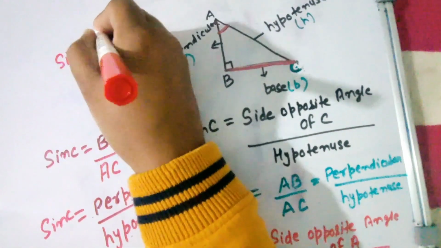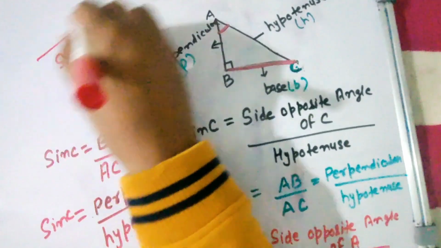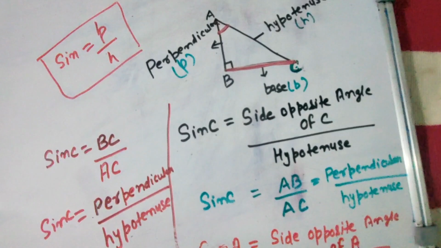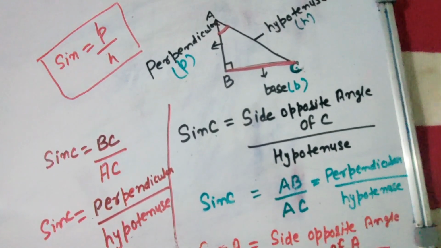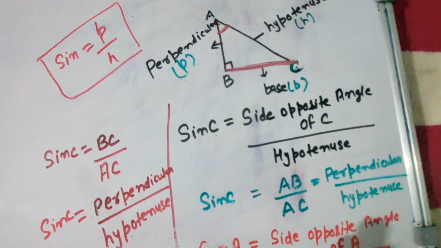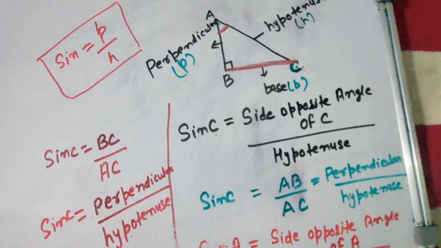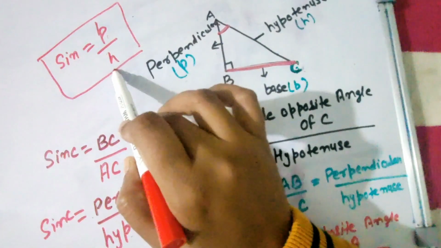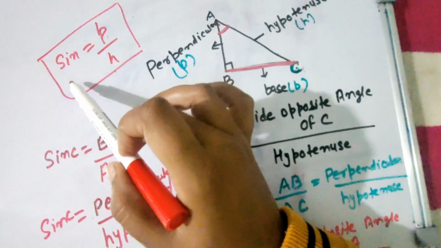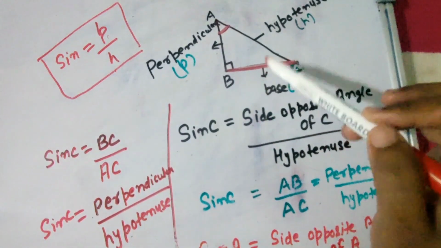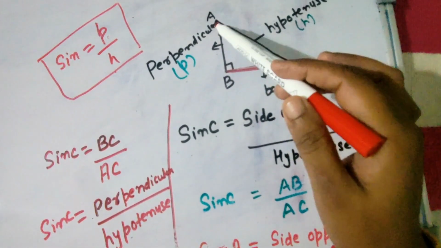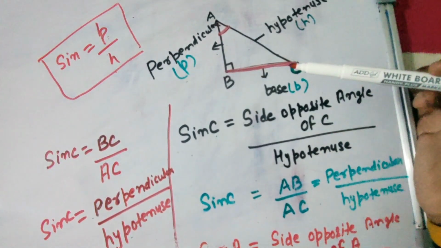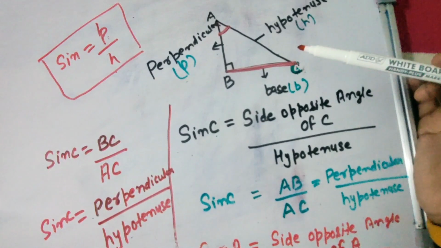If the angle changes, then perpendicular changes, and hypotenuse never changes. When you find it, hypotenuse is fixed. But if you change the angle, perpendicular and base are changed. Then sine formula is perpendicular by hypotenuse, and here if the angle is A, then perpendicular is BC. If the angle measured is C, perpendicular is AB. If you find angle A, perpendicular is BC, because the perpendicular side is opposite of the angle.